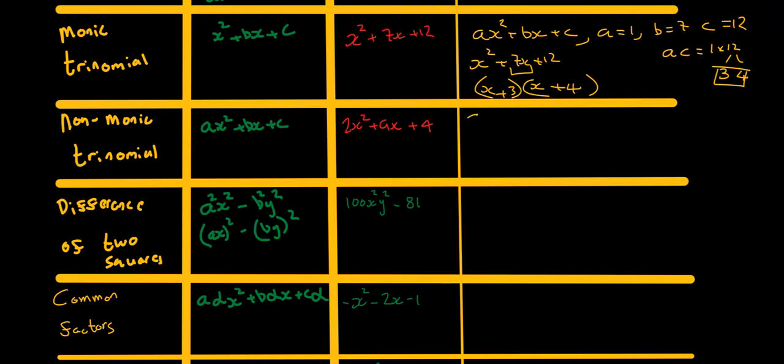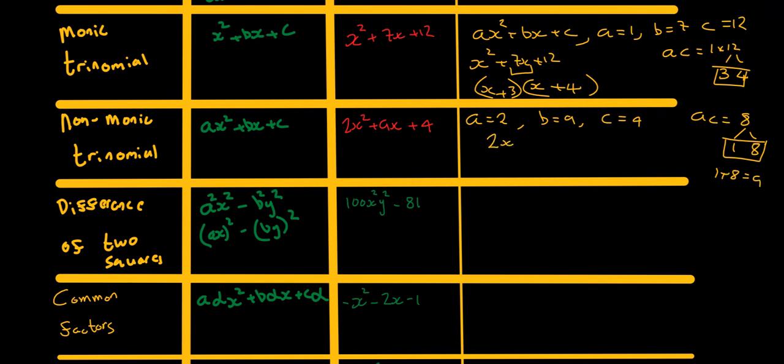As you can see here, a is equal to 2, b is equal to 9, and c is equal to 4. We consider ac. 2 times 4 is 8. 1 times 8 gives 9, which is our b.